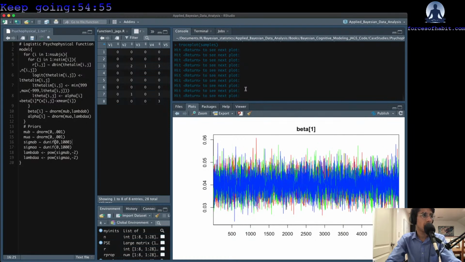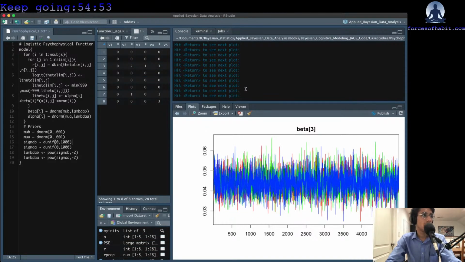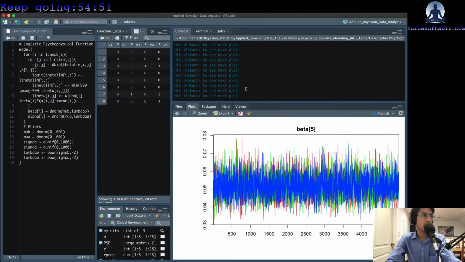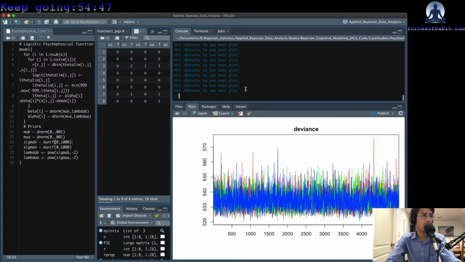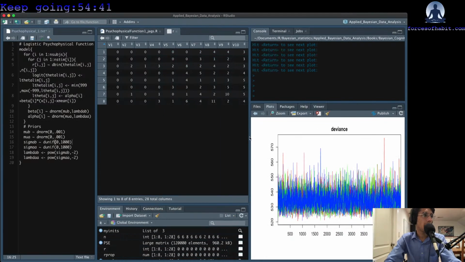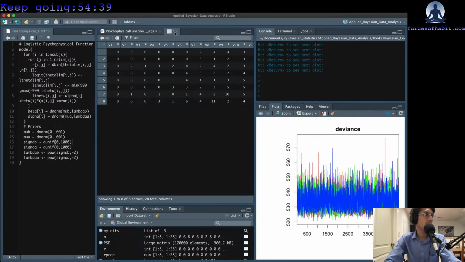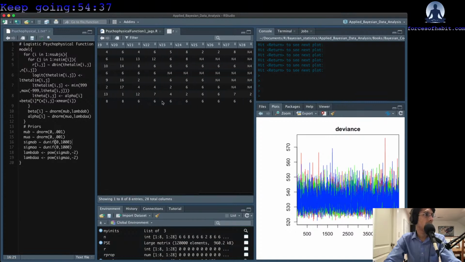Subject 8. Let's see what subject 8 looks like for this one. Maybe we just go and look at subject 8's data. 6, 6, 6, 6, 6, 6, 6, 6, 6, 6.